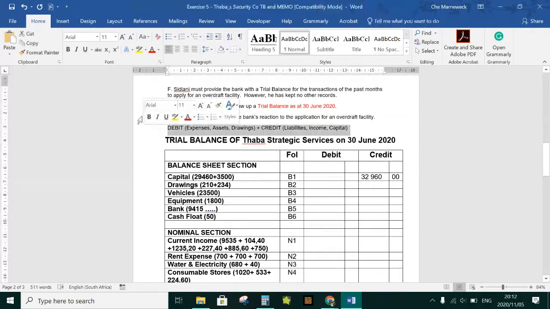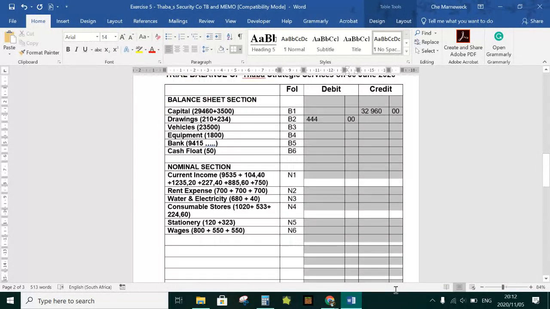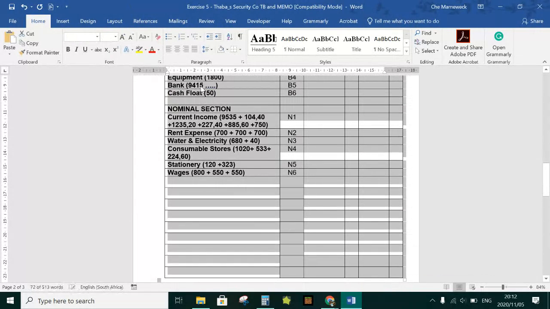Right, yes, that. Just so I can find it, I'm just going to highlight it. Drawings is under debit. So 210 plus 234 is 444.00 cents. Let me just make sure this is all aligned.